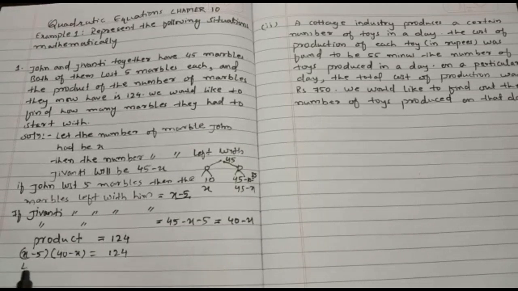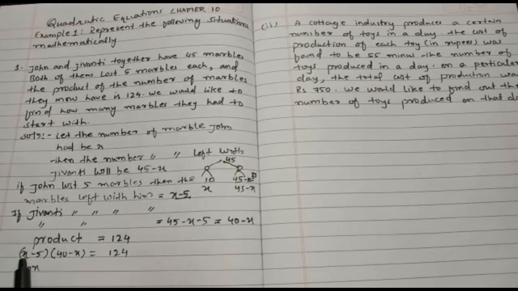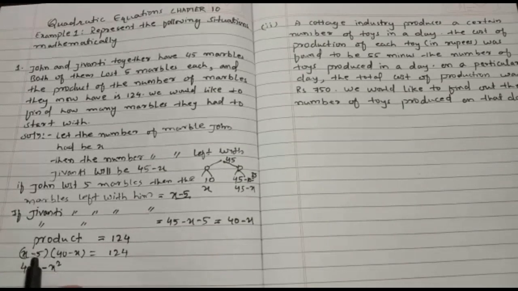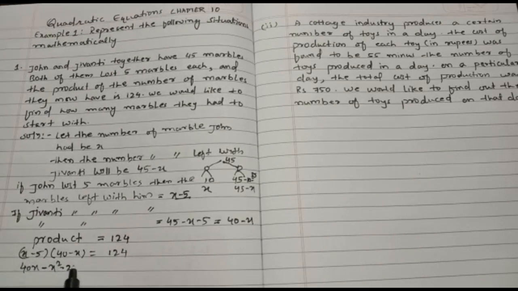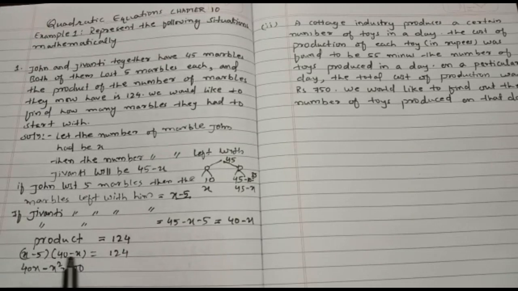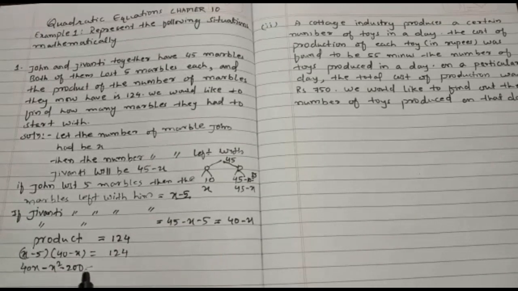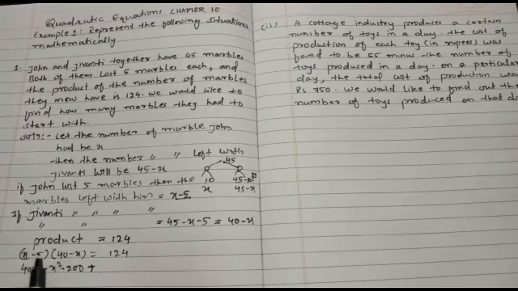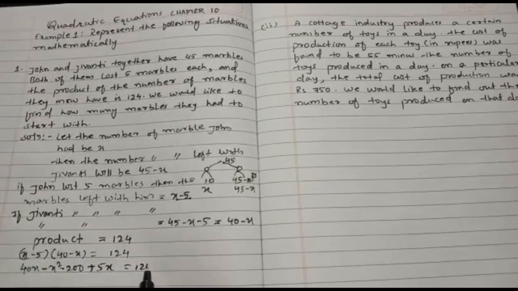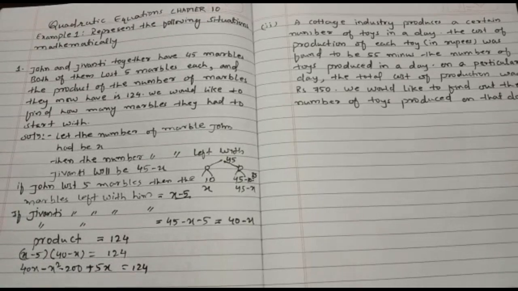x into 40 is 40x. Then x into minus x will be minus x square. Now minus 5 into plus 40 will be minus 200. Then minus 5 into minus x, minus into minus is plus, 5x, is equal to 124.